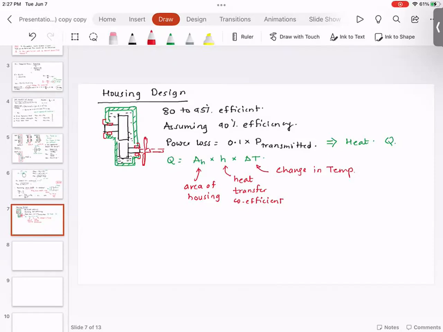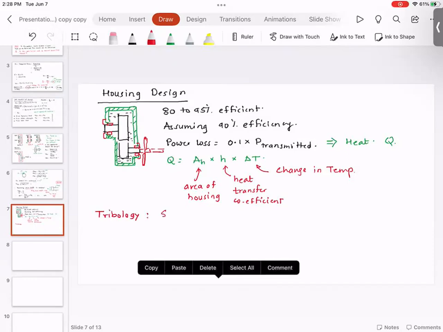But another important thing is, how do you select the appropriate lubrication oil? Now, lubrication and oil selection is an important field, and that field is called tribology. Tribology is the study of friction, wear, and lubrication.